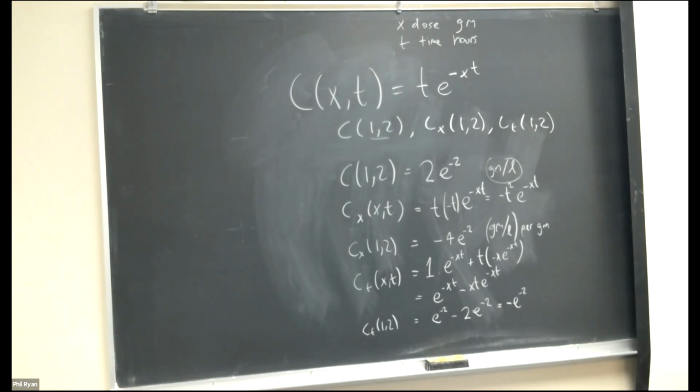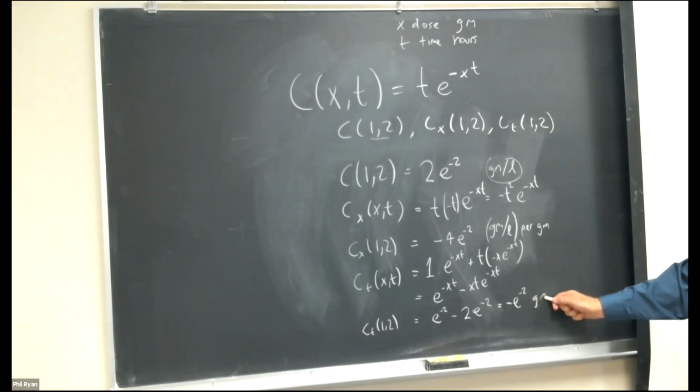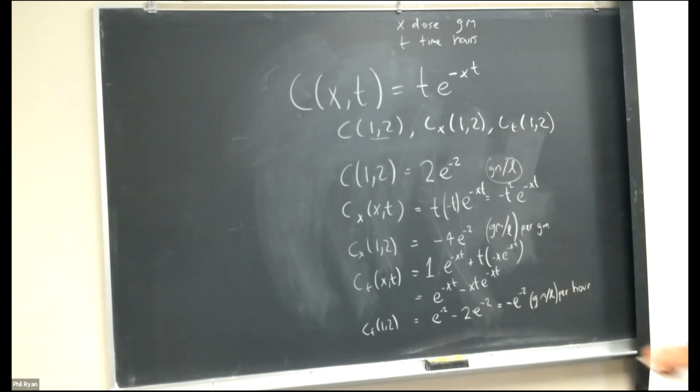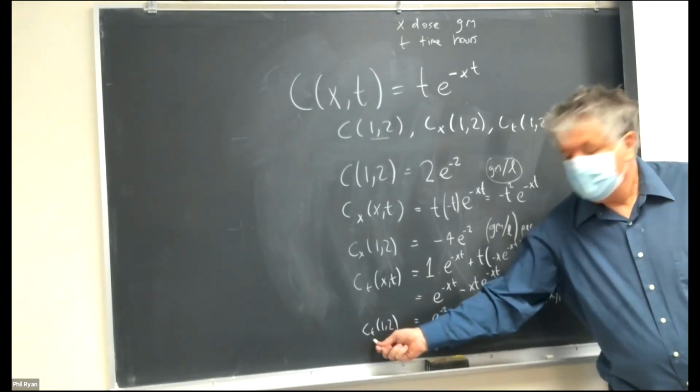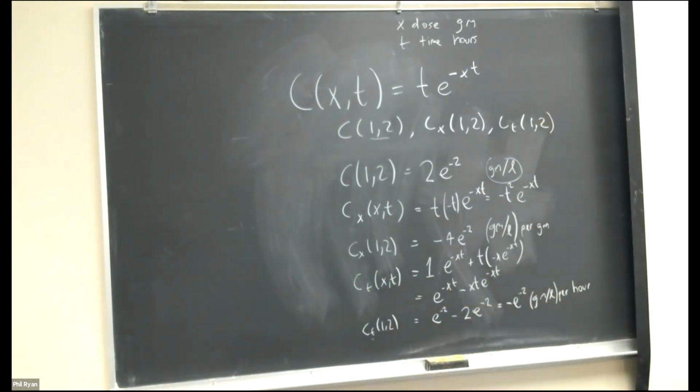So we know how to figure these things out just by taking the derivatives and plugging the numbers in. And of course, this is now going to be grams per liter per hour, right? Because we've got a different thing we're taking things with respect to.